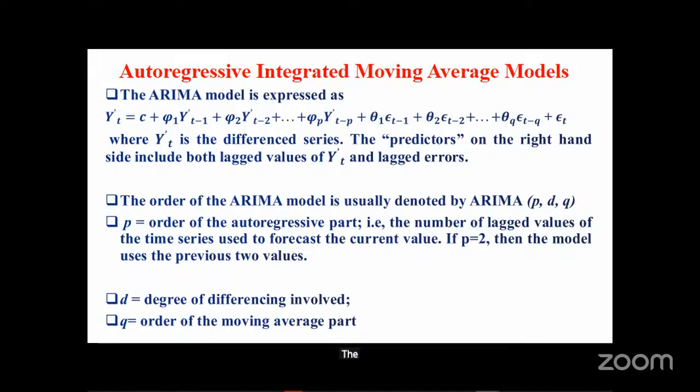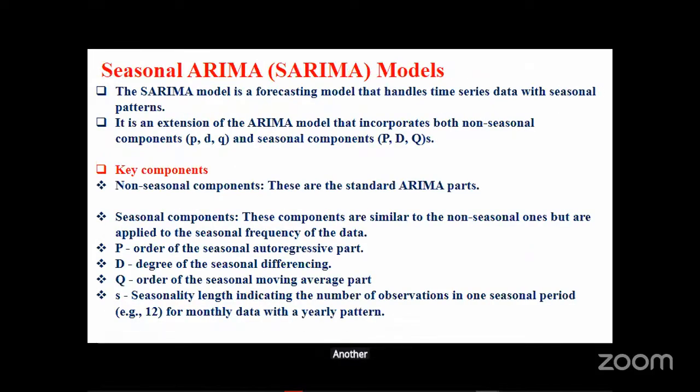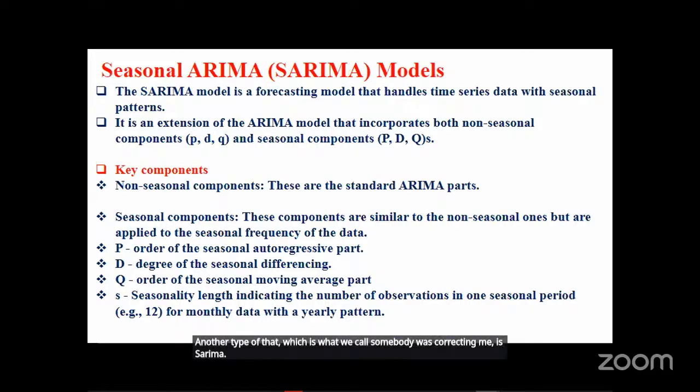Then the Q part is the order of the moving average. Autoregressive itself is a model, moving average itself is a model, so a combination of them, building on the limitations of all the models, is what ARIMA is doing for us. So P, D, and Q are major parameters that are useful for us to be able to implement ARIMA.